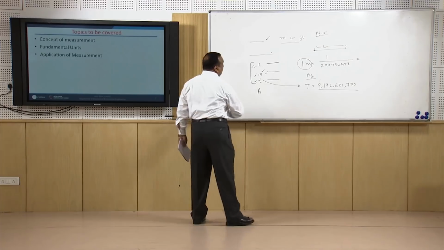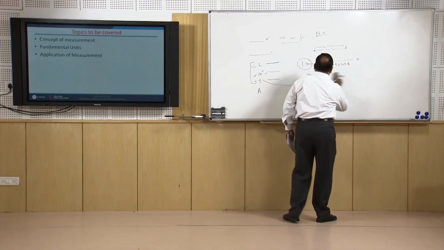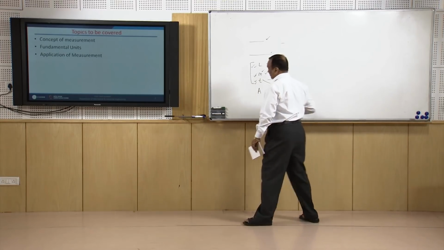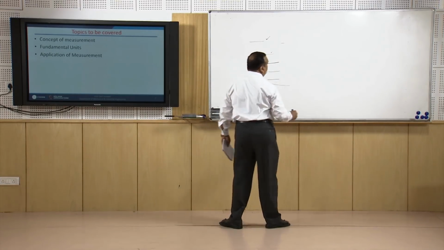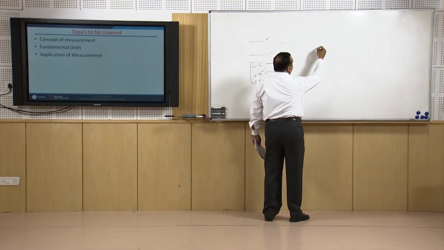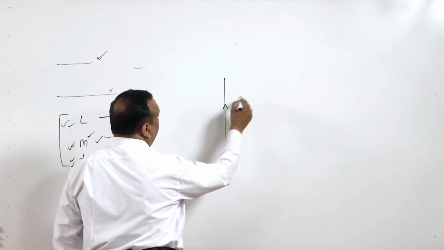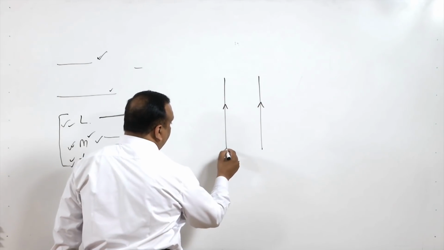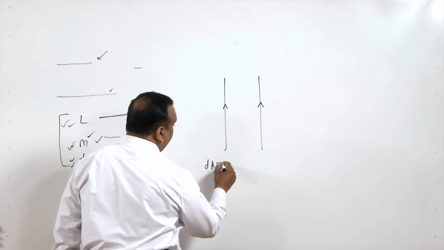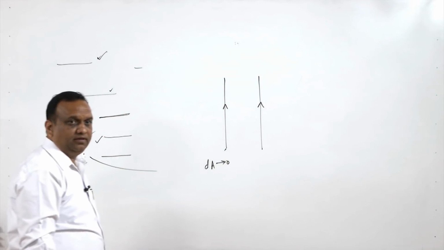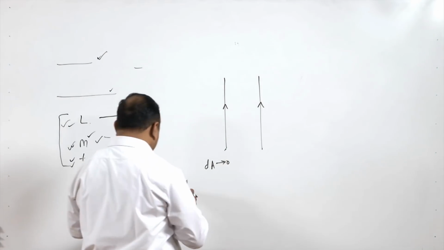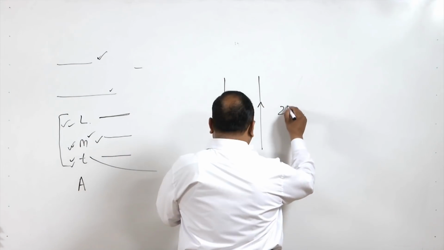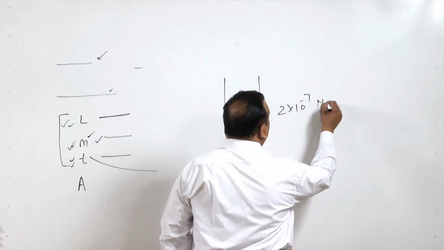In order to define 1 ampere, we say that it is the amount of current which, passed through parallel conductors in vacuum having cross-section area tending to 0, gives a force per meter length of 2 into 10 to power minus 7 newtons per meter.